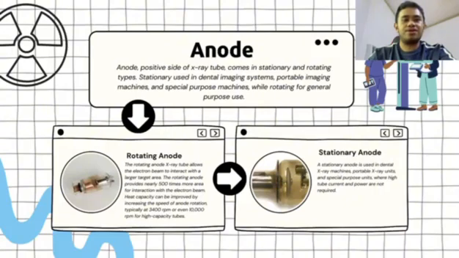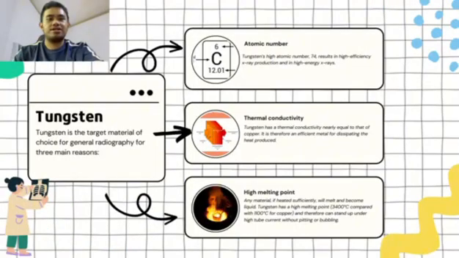Now let's focus on the choice of target material. Tungsten is the material of choice for general radiography in X-ray tubes. It offers several key benefits. First, tungsten has a high atomic number, which is 74, resulting in efficient X-ray production and the generation of high-energy X-rays. Next, tungsten also exhibits excellent thermal conductivity, similar to copper.